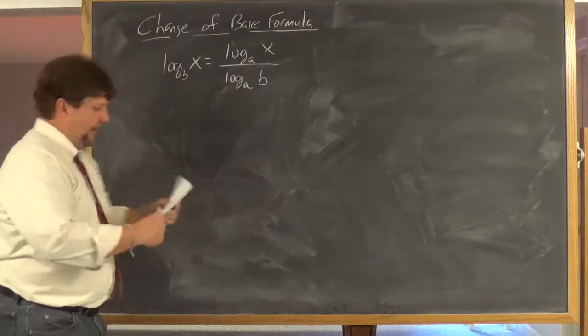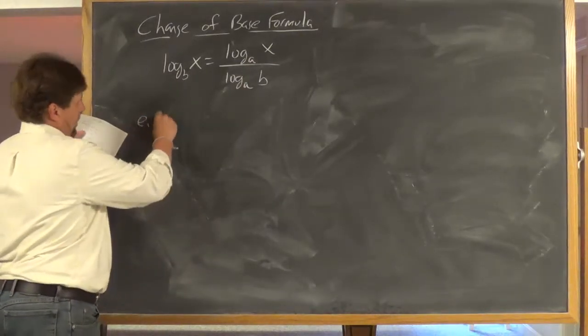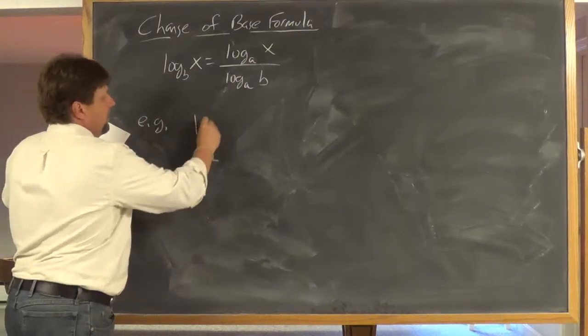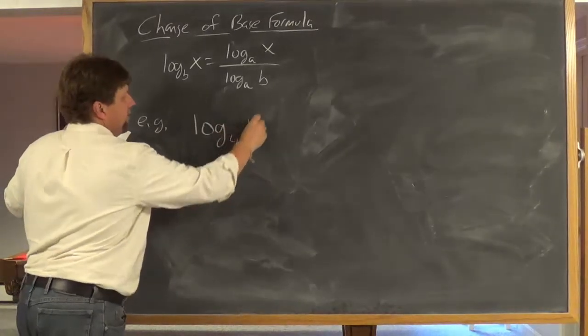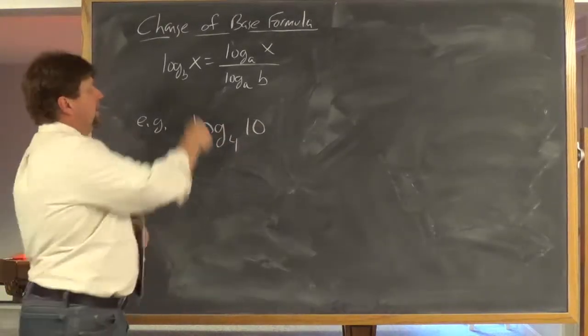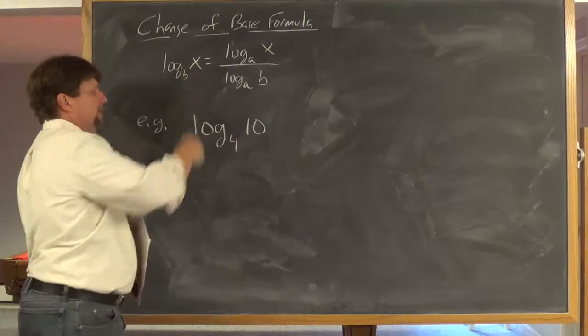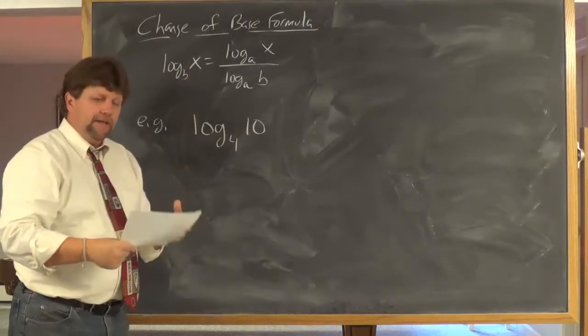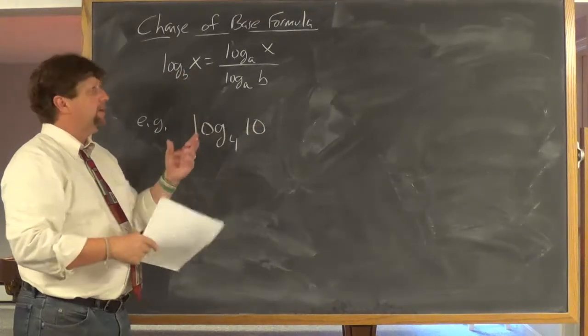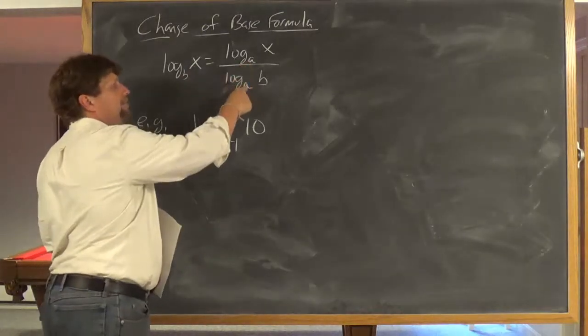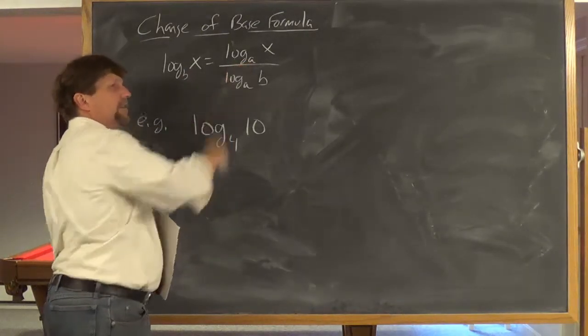So for example, this is a very quick example. Let's say you wanted to determine log base 4 of 10. Your change of base formula says you can rewrite it using any base as long as you keep the bases the same.